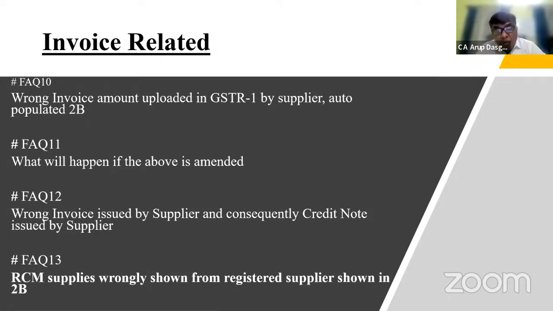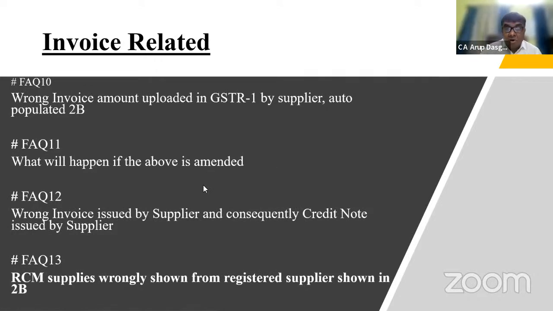Because when he shows a downward revision in your 2B, your 2B will be a negative 10,000. At that time you cannot reverse it. So in that particular month, you add it to your all other ITC. The 10,000 negative and the 10,000 that you add becomes 0, and you show it in your permanent reversals. That is how it's going to be taken care of.